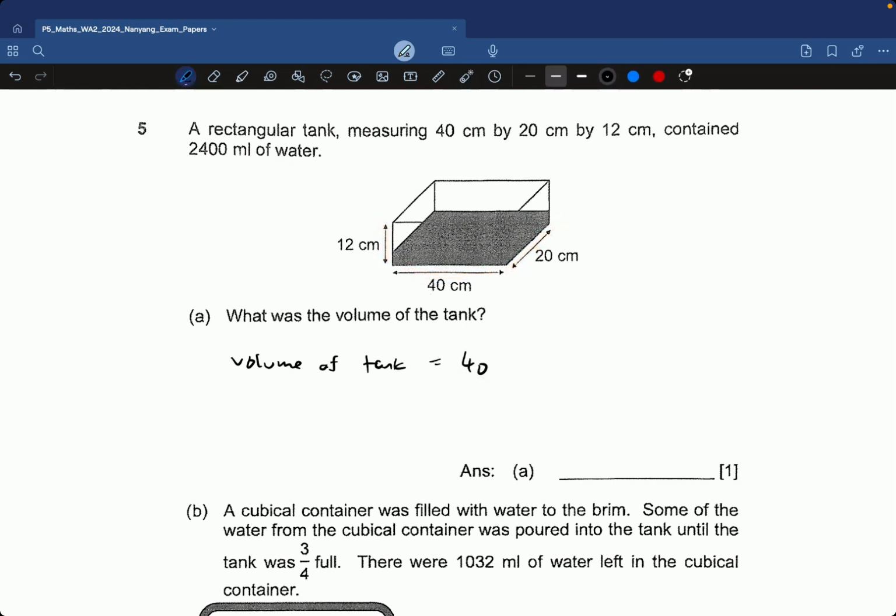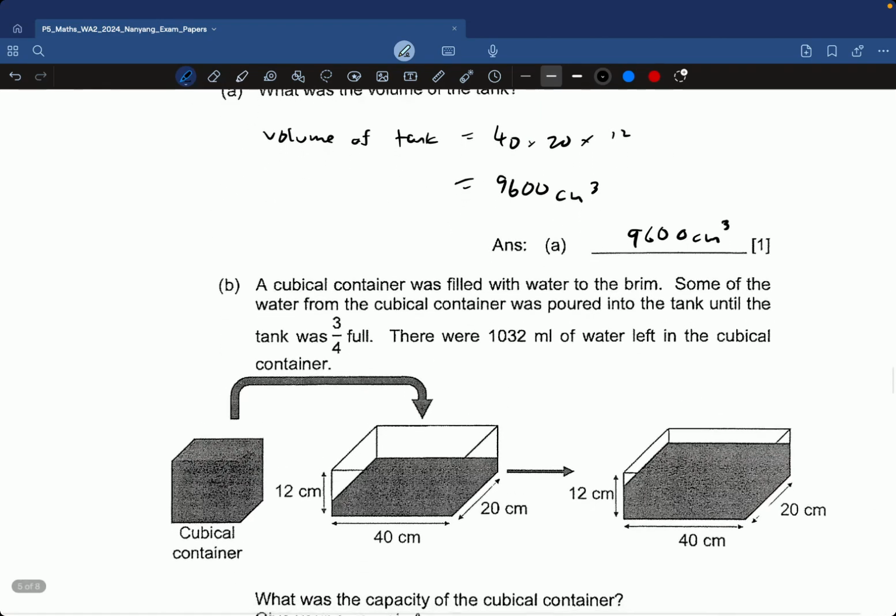So it's 40 times 20 times 12, right? So it's basically, if I were to mental calculation, 4 times 2 is 8, 8 times 12 is 96, put two zeros is 9,600 milliliters, right? So 9,600, but the volume is not milliliters, we want cm cube. So cm cube in this case, 9,600 cm cube, right?